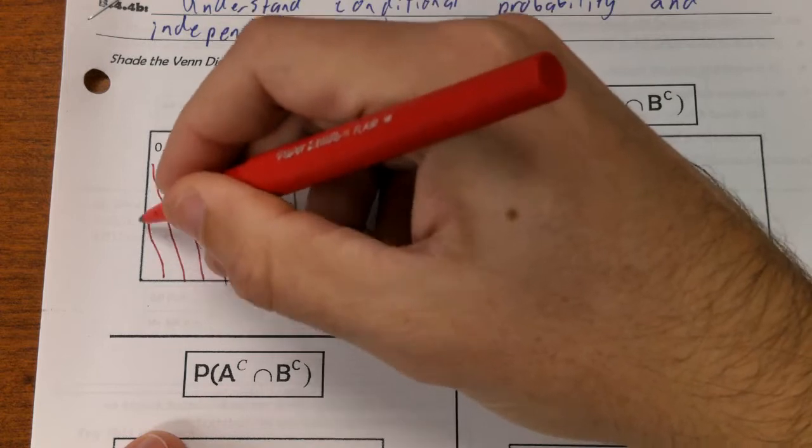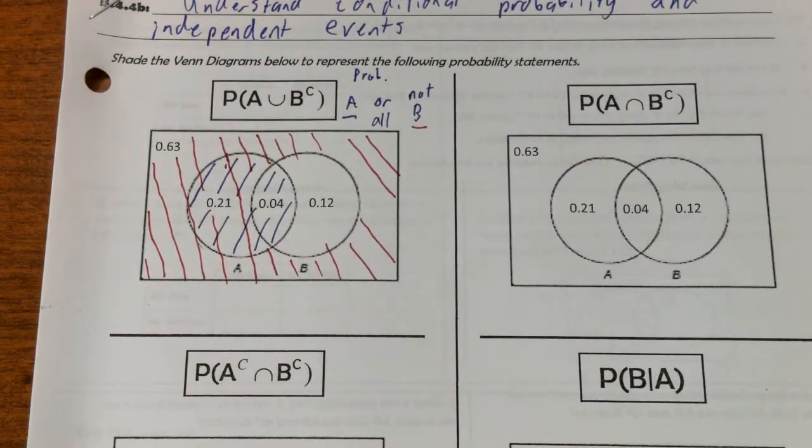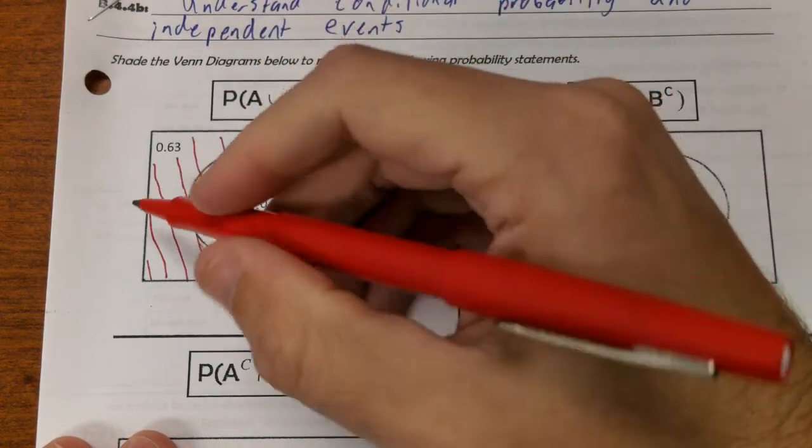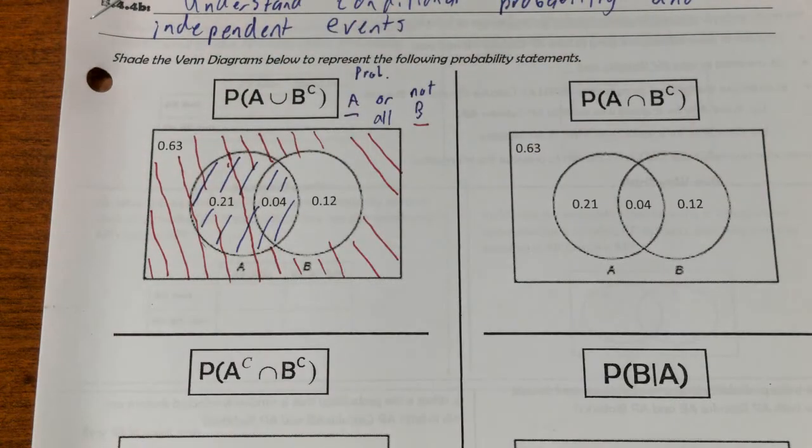Now again, or means as long as it falls within one of these categories, we're going to take it. So that's going to be everything except for this circle right here. So we'll use green to actually shade it.